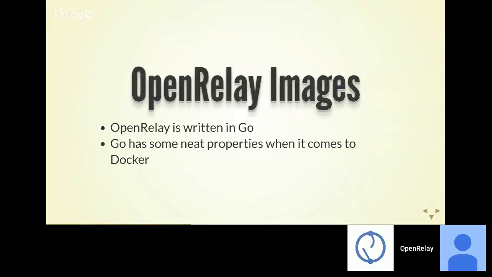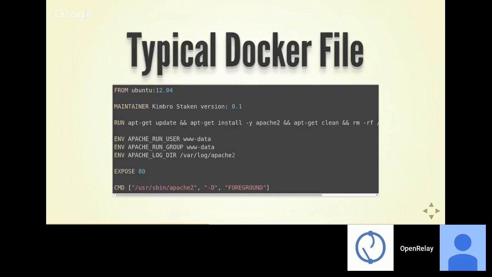So now we're going to talk about OpenRelay's images. OpenRelay is written in Go, and Go has some really neat properties when it comes to Docker. While a typical Dockerfile would look something like this, and this is just an example I pulled off the internet, you can probably Google that guy's name and find this package. But this is basically just an Apache 2 package. Here it says from Ubuntu 12.04.